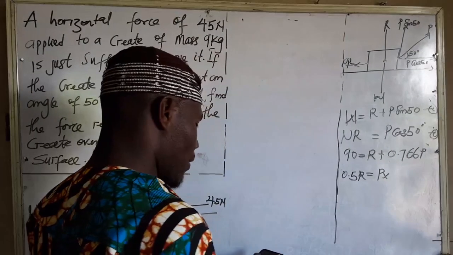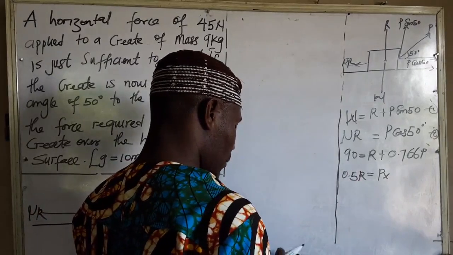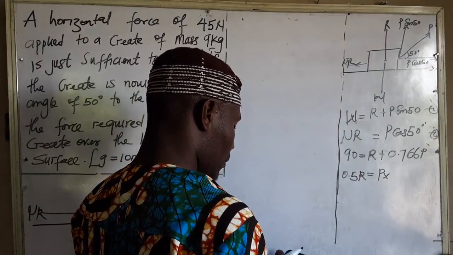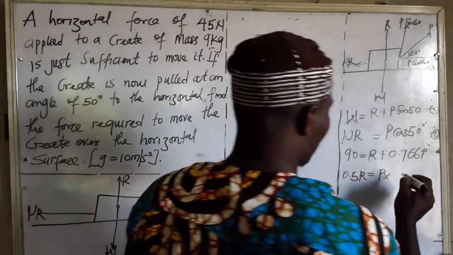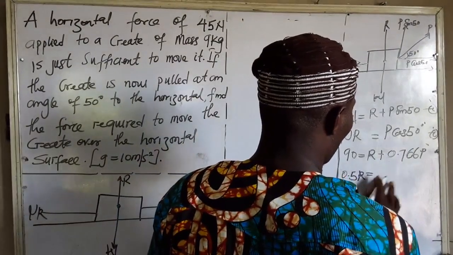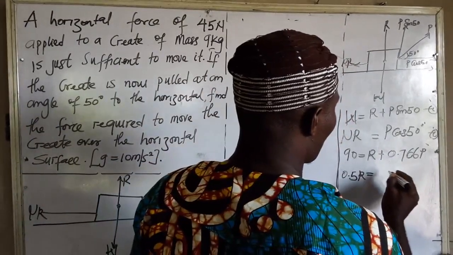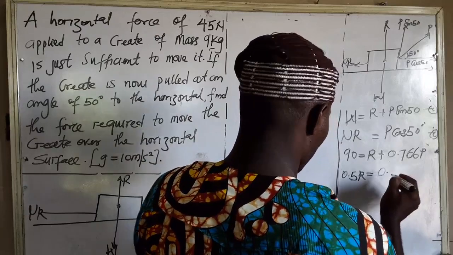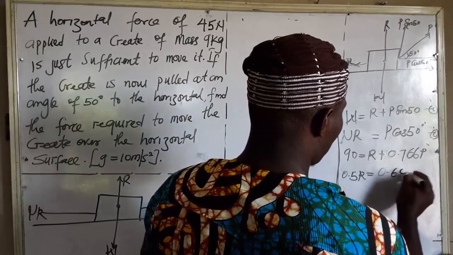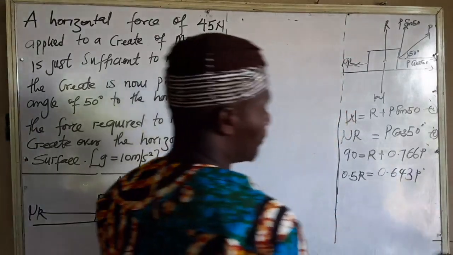Let's find the value of cos 50. Cos 50 gives us 0.643 of P.